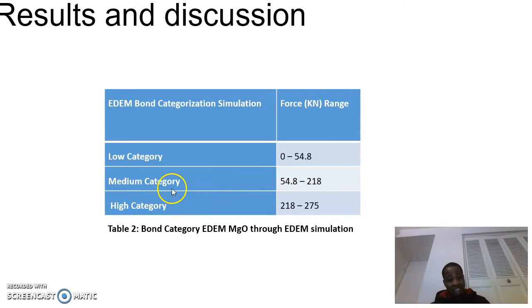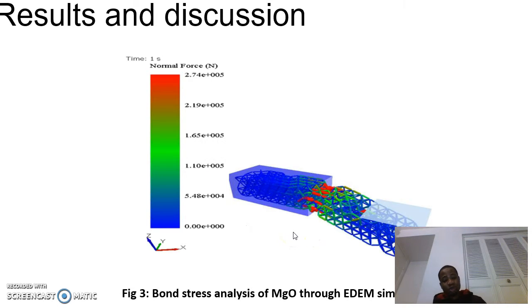The green areas are the medium category, ranging from 54.8 to 218 kilonewton. The high category is something much more intense, so those areas go to the red area, as you can see here.